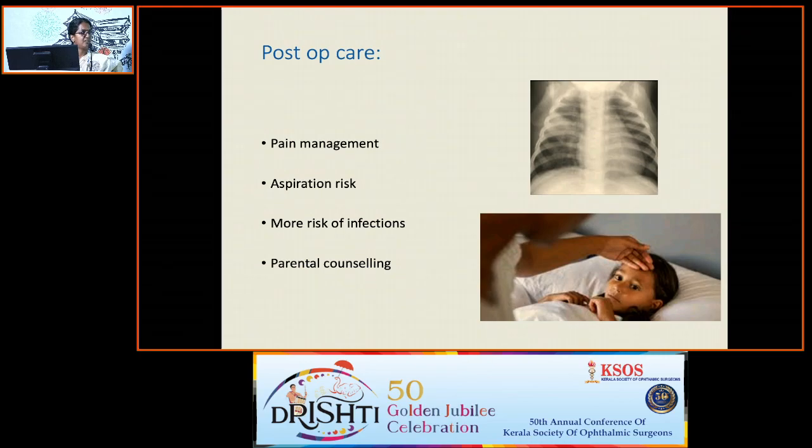But for a CVI child, you have to attend to their pain, maybe with analgesics for some more time. Parental counseling is very important, and they always have an aspiration risk, so they can develop pneumonia. You should be able to prevent such problems after surgery, and they also have more risk of infections.